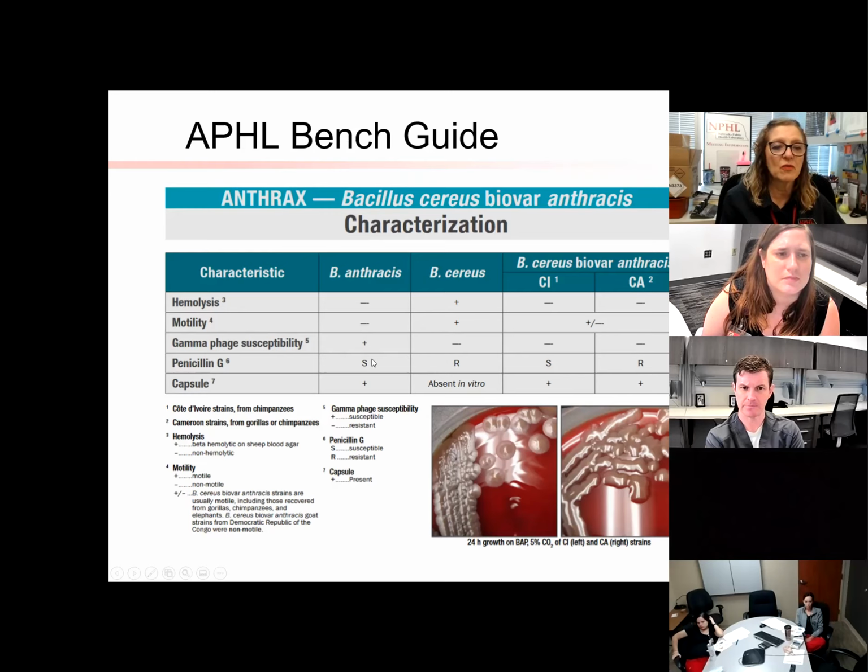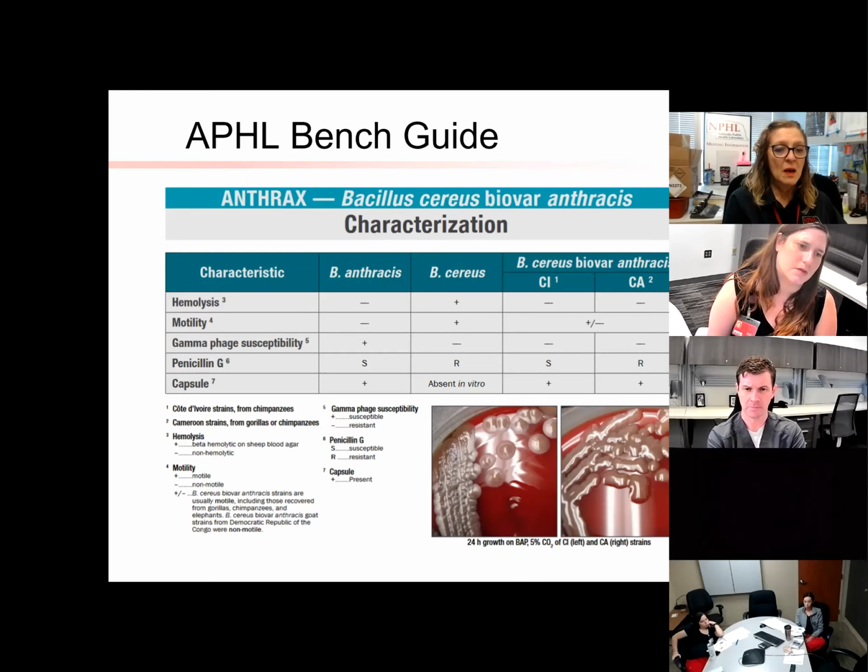What's going to help in the rule out is some further testing that your laboratories don't do, but your public health laboratories might do. Some penicillin testing, but in Nebraska, a lot of my laboratories don't have penicillin, or do any antibiotic testing anymore. So that's another tough one.